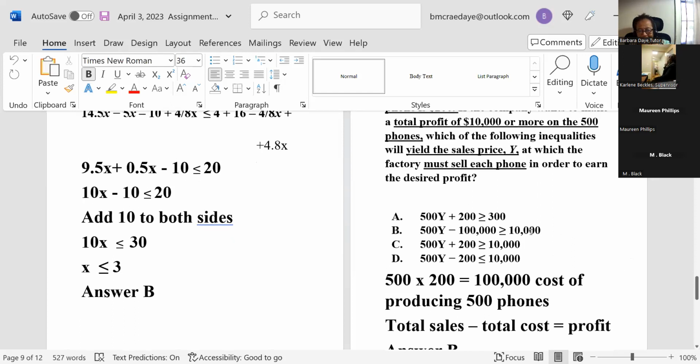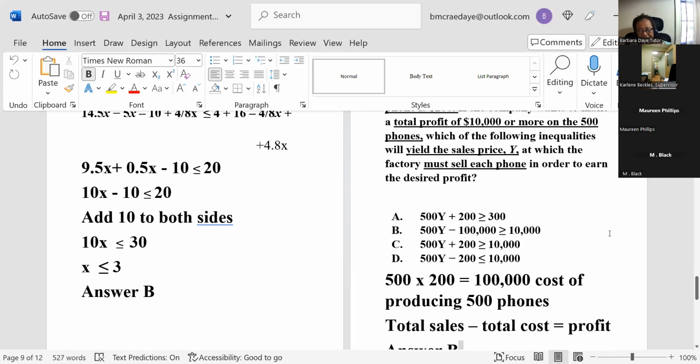Okay. Let me ask you here. How could you find the sales price of the phones? You have your inequality right here. Suppose I ask you, what could be the sales price of each phone?